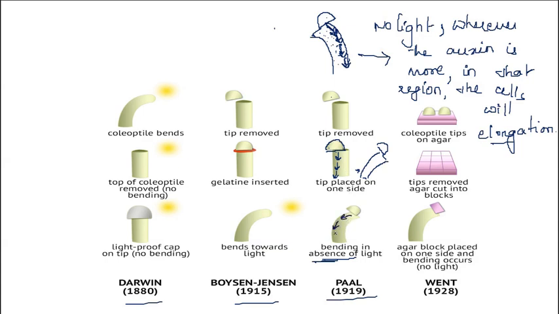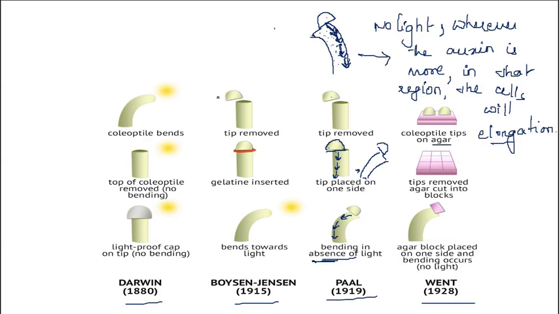Since auxin is diffusible, how will auxin decide which is the shady side and which is the sunny side? Auxin can diffuse from the tip part anywhere in the coleoptile. This direction will not be limited to the shaded region and the sunny region.